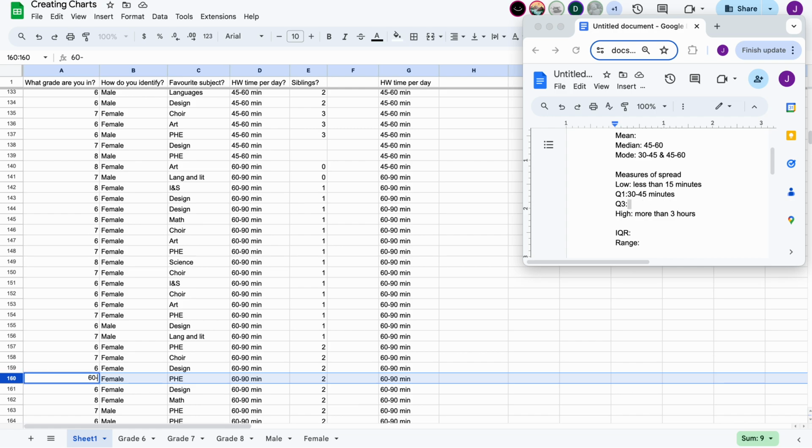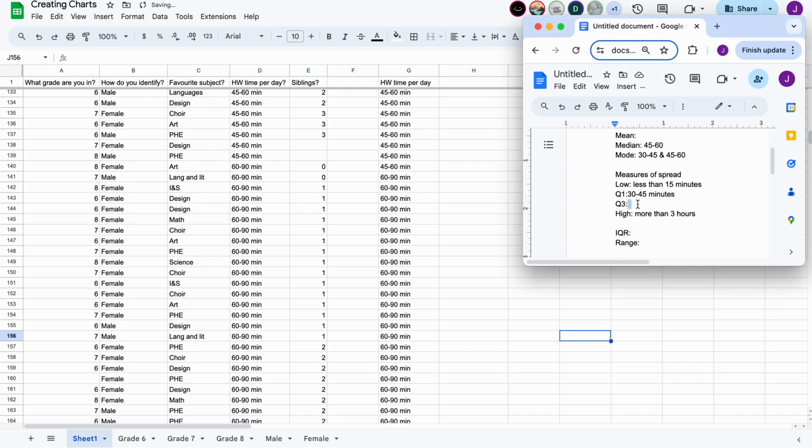So 60 to 90 minutes. There we go. So the middle 50% of people spend between 30 minutes and 90 minutes a day on homework. All right, that's how to find your measures of center and spread if your data is grouped and numerical.